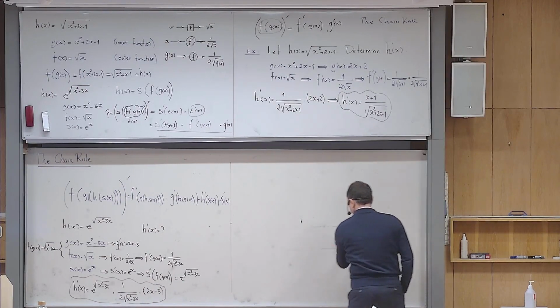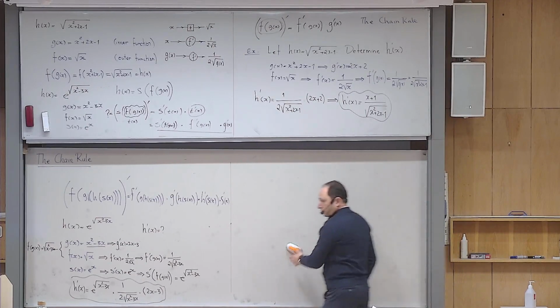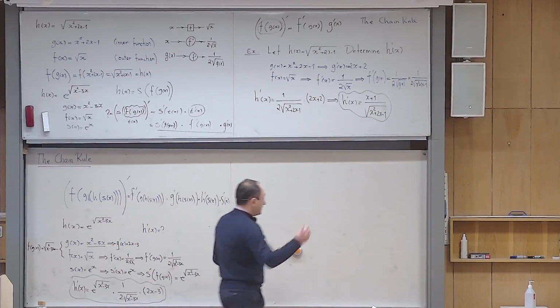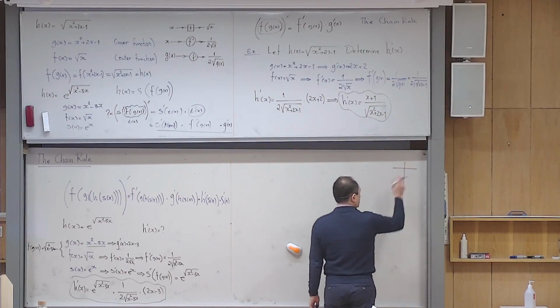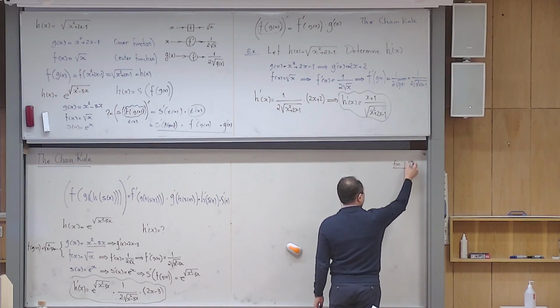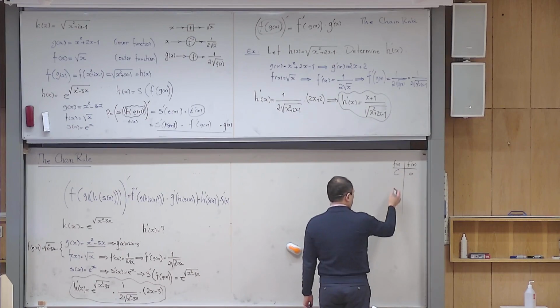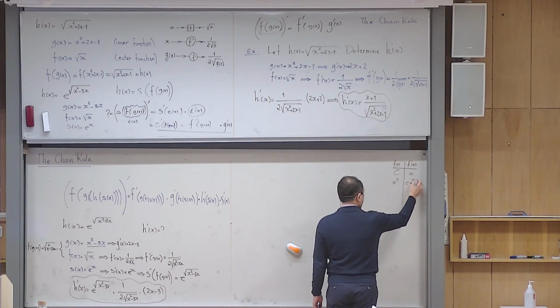What I want you to understand is that you will always be given a table in the formula sheet. This is more or less a simplified version of what you will get. You will get something like this in the exam: if it's a constant, the derivative is 0; x to power c gives c x to power c minus 1.